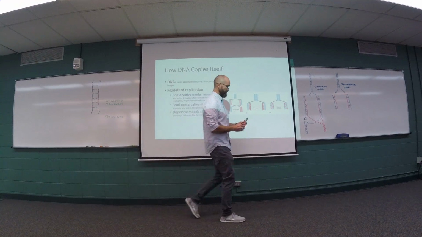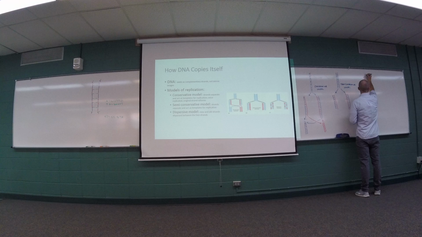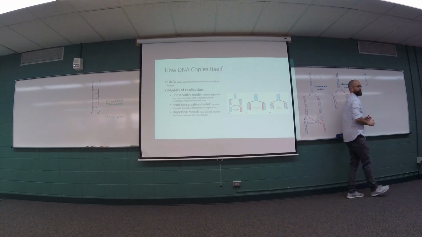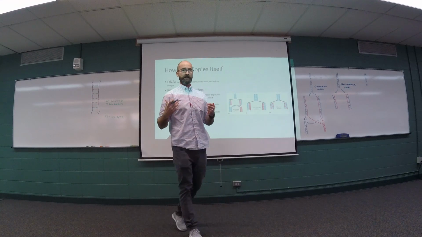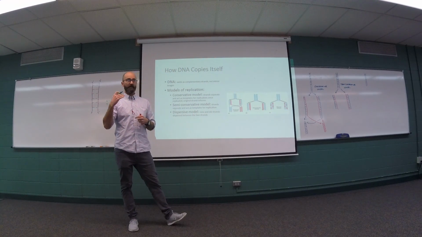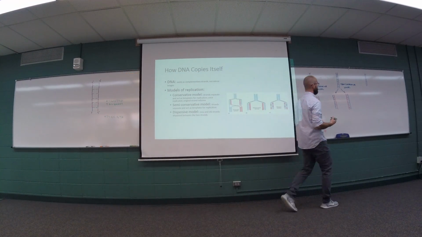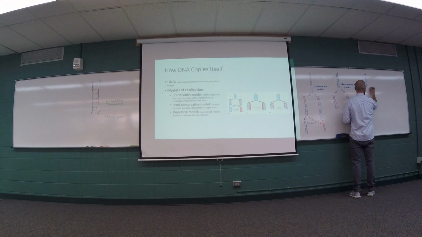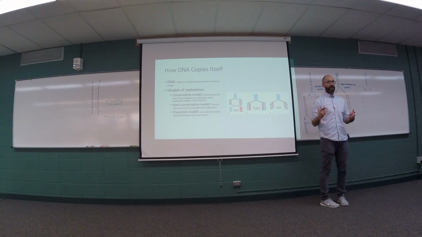And then the last model suggests that each daughter strand of DNA, each complementary strand within those daughter strands of DNA, is going to be a mosaic of both parental and daughter DNA. So we're going to get some kind of segregation of DNA, and it's going to consist of random regions of the DNA molecule, like this.